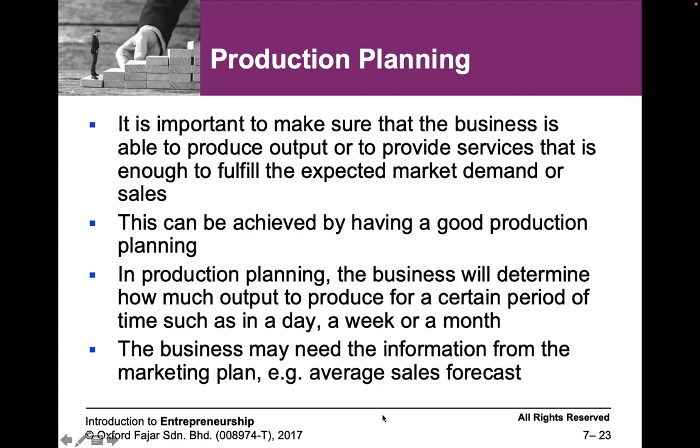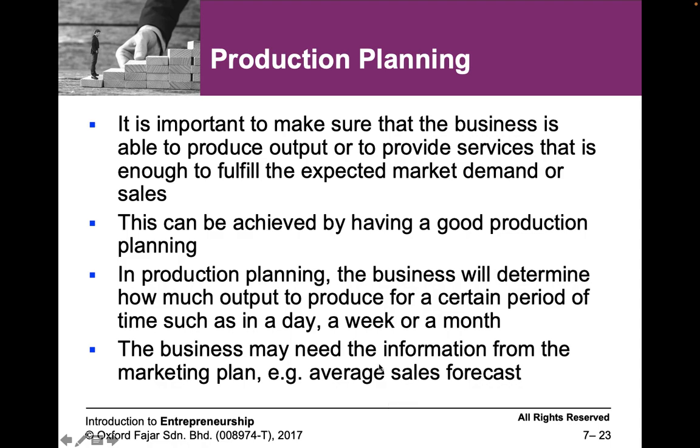Because the marketing has already done the estimation, the forecast. The sales forecast is the prediction on the average sales per month that is required by the company in order to achieve their target.